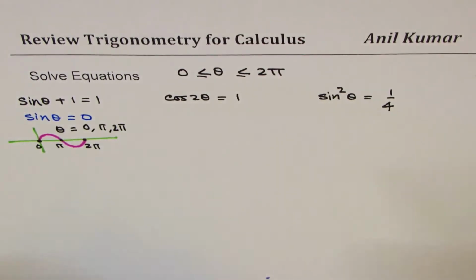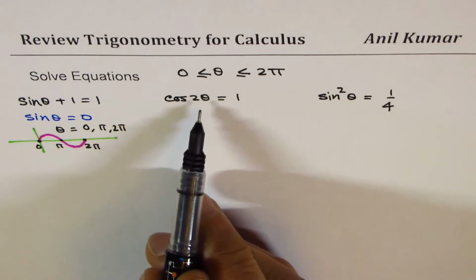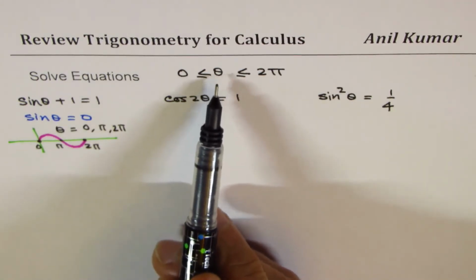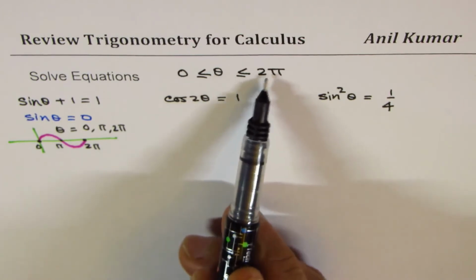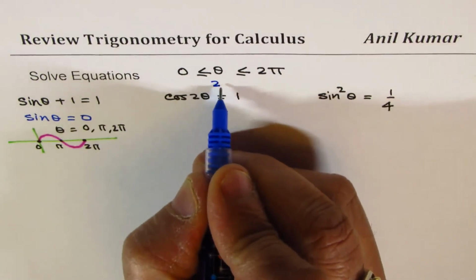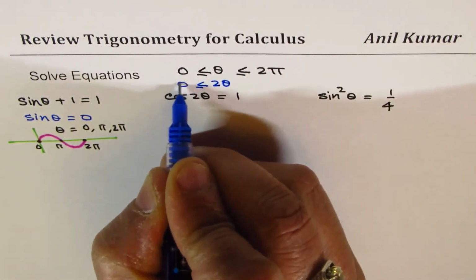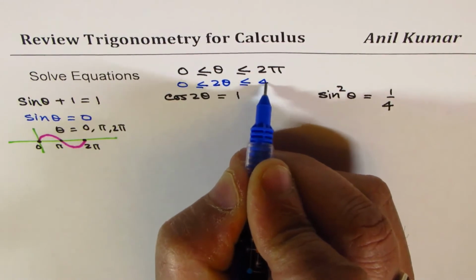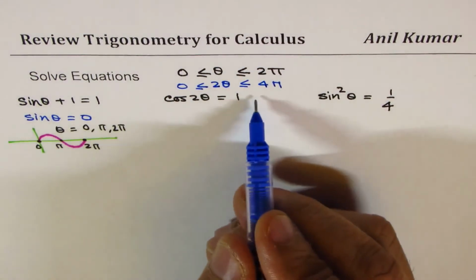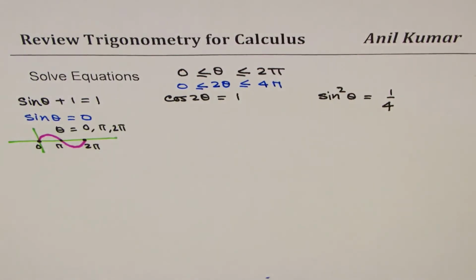Perfect. Now, when I say cos 2 theta equals to 1, we're actually working in the domain of theta equals to 0 to 2 pi. But if I say 2 theta, the domain increases, and 2 theta should be between 0 to 4 pi. You just multiply this by 2, and so the domain increases.